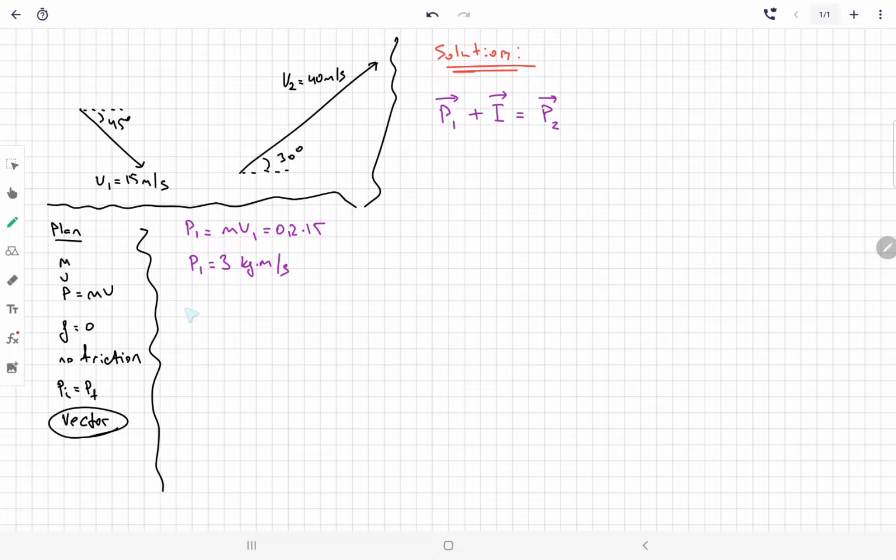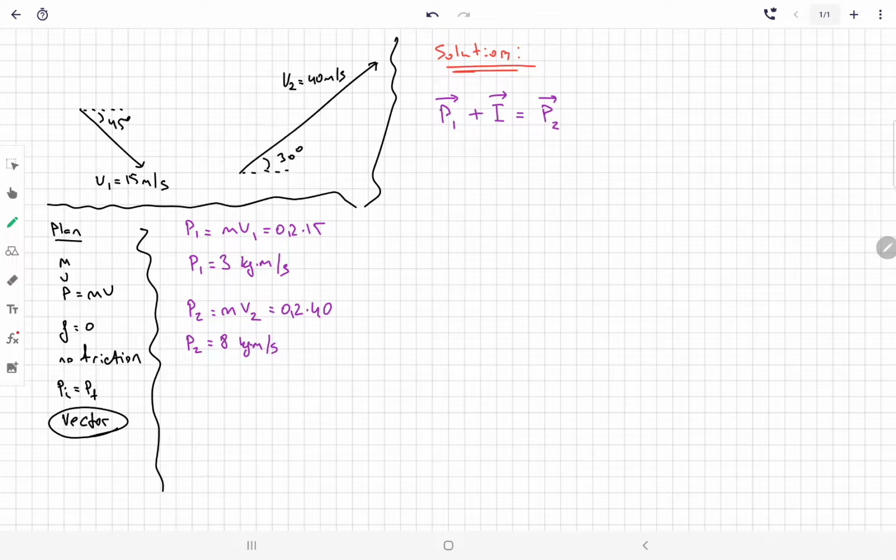Now let's come to the final momentum. Mass, same softball, times final velocity. Mass 0.2, final velocity 40. So magnitude of the final momentum after impact equals 8 kilogram meters per second.